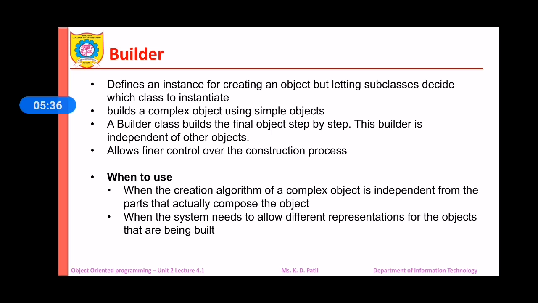It allows the final control over the construction process. It is used when the creation algorithm of a complex object is independent from the parts that actually compose the object, and when the system needs to allow different representations for the objects that are being built. So in that case, the builder object is created.